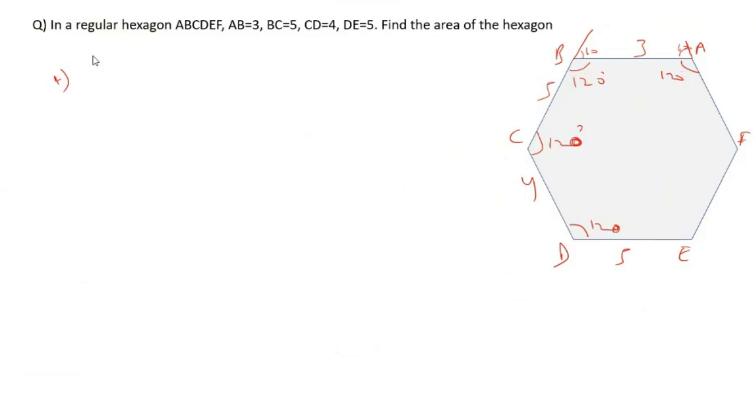That is why they gave in the question that it's a regular hexagon, for us to conclude that the angles would be equal even if the sides are not equal. In a question, if both are equal, then it's the more simplified case. But if you see regular and sides unequal, you should conclude that the angles would be equal in this case. So 120, 120 and everything, and then 60, 60 exterior angles.